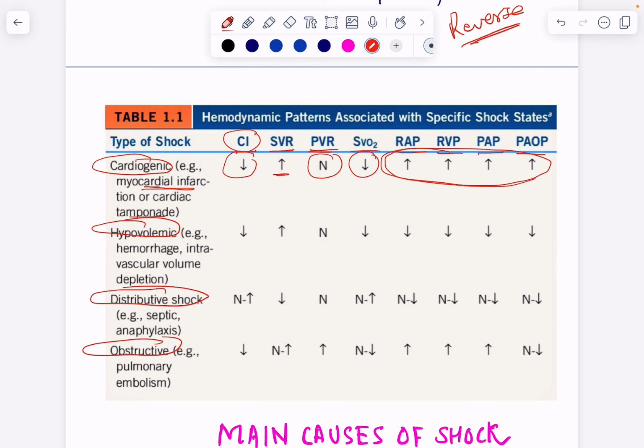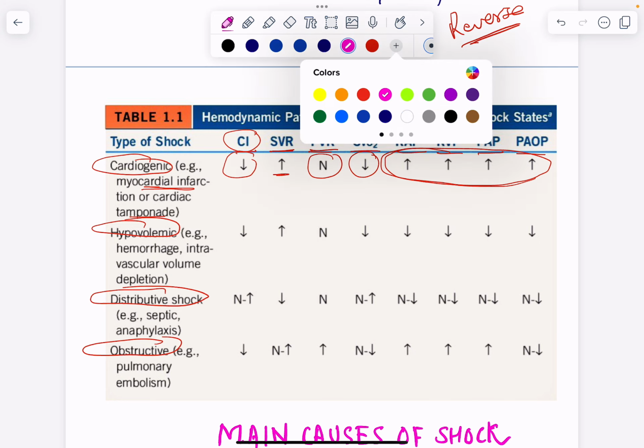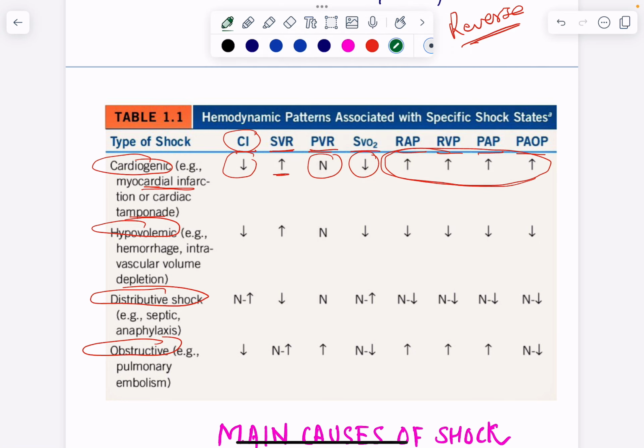If you go to hypovolemic shock, what will happen? Hypovolemic shock could be because of hemorrhage or intravascular volume depletion, and the intravascular volume depletion can be because of vomiting, loose motions, dehydration, third space loss, etc. Because of hypovolemia, there is decrease in intravascular volume and decrease in venous return, so cardiac index and cardiac output are reduced.